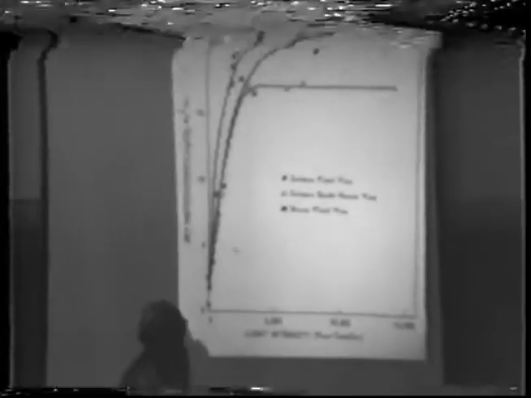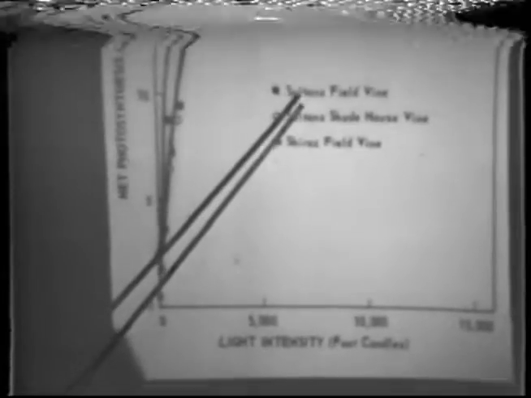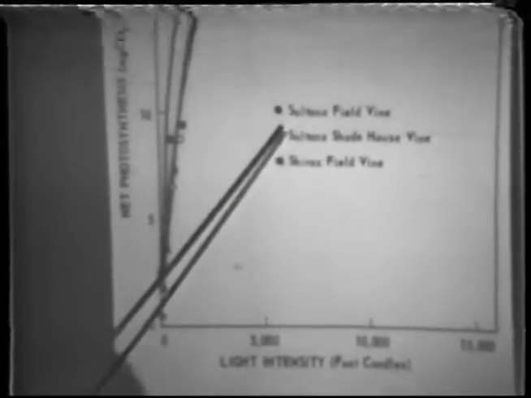Now, let's go to the next slide. The next slide actually shows you some actual data of a couple of different varieties, plotting light intensity against photosynthesis. Sultana is the Australian name for Thompson seedless.